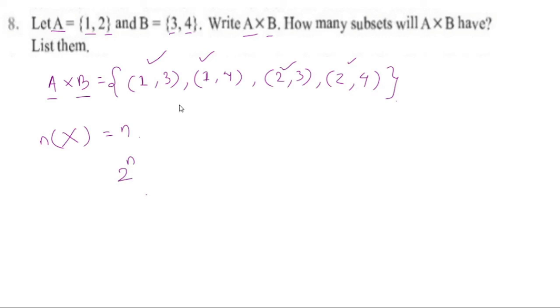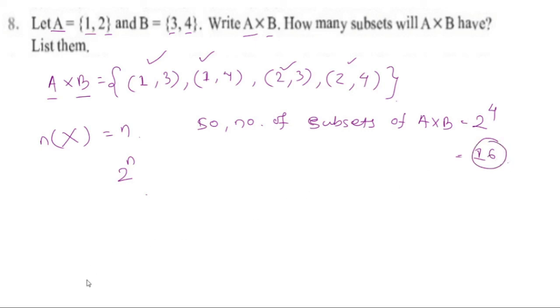So in this case, as this set has 4 elements, the number of subsets of A cross B will be 2 to the power 4, and this will be 16. So my answer is 16.